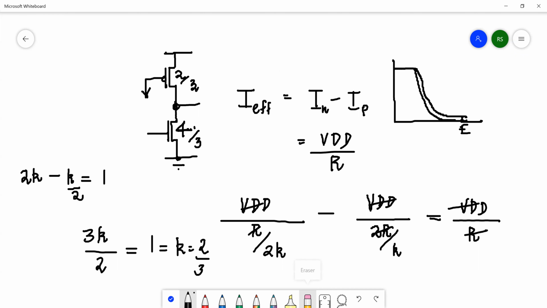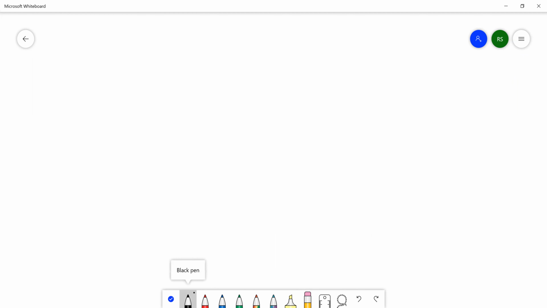So let us try one more example. Let us try a 2-input NOR gate. We didn't calculate the logical efforts, we'll do that for this gate.